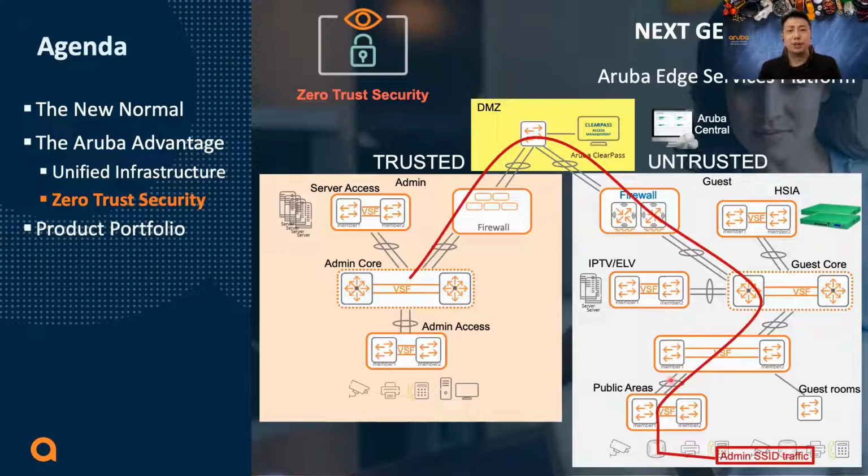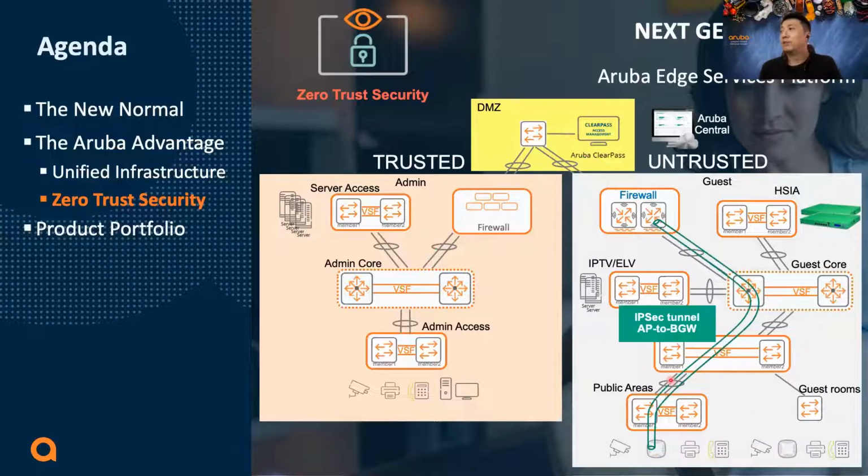This is not good. So with the Aruba solution, we are able to solve this by doing convergence. The Aruba access point is able to build an encrypted tunnel to the Aruba gateway, which is acting as a firewall. So when staff connect to the admin Wi-Fi, that traffic is sent over an encrypted tunnel to our Aruba gateway, and then sent out to the DMZ firewall and back down.